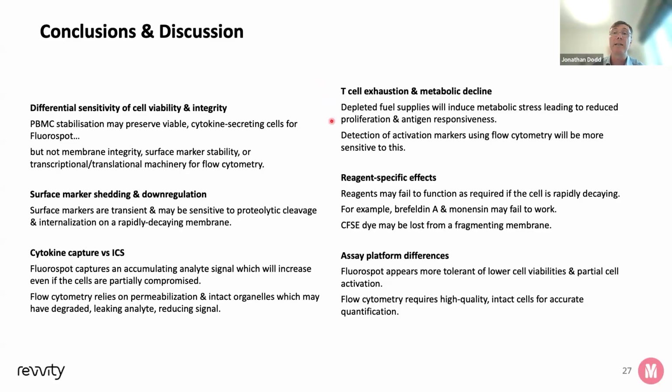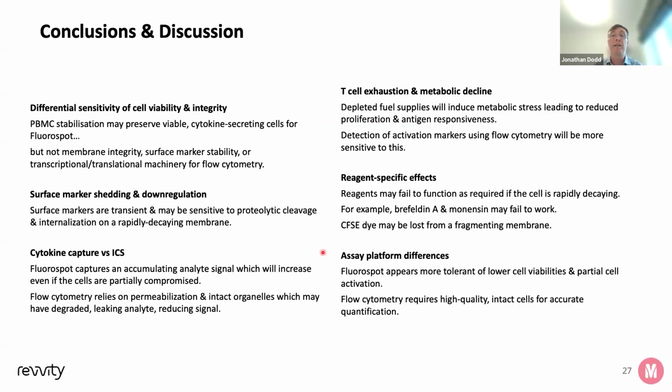The metabolic decline that we observe in the blood sample is likely leading to a certain level of T-cell exhaustion and antigen unresponsiveness, which is leading to reduced proliferation, reducing the effectiveness of the CFSE dye dilution reagent and also the activation markers. And likewise, the reagents that are used in flow cytometry, such as Brefeldin and monensin, may stop working properly because they are no longer able to interact with the organelles, the Golgi and the ER, as they can on fresh cells, because the cells are rapidly decaying.